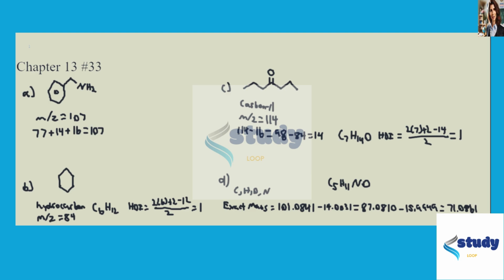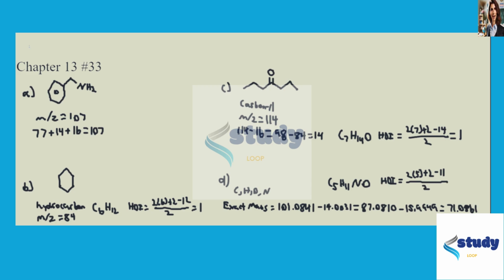And we should probably start again with getting an HDI because it tells us exactly how many double bonds or rings we're going to have. And so this is going to be 2 times the number of carbons plus 2 minus the number of hydrogens.